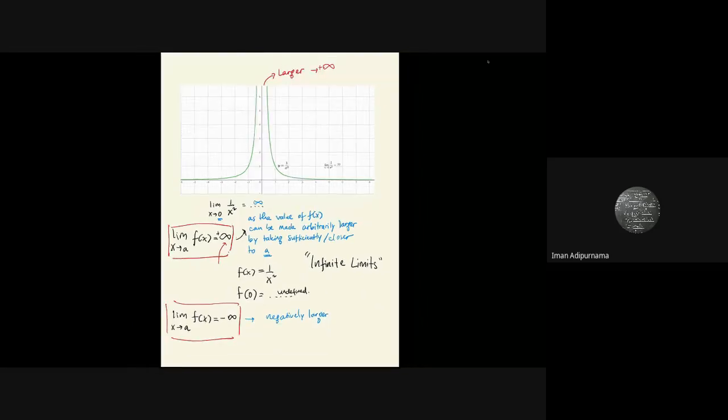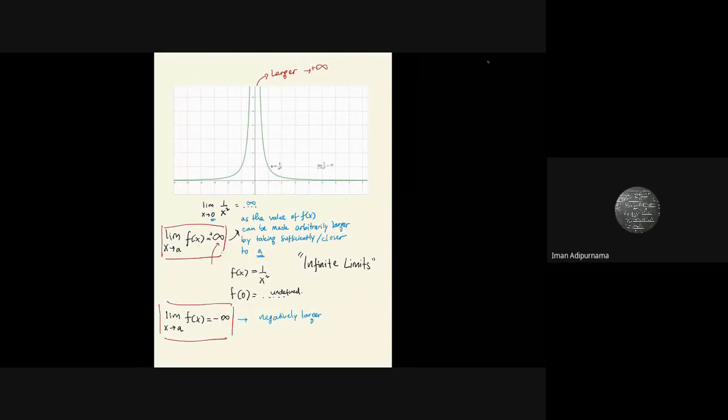For example, here you can go from the right or from the left to x equals 0. In the big picture, it's getting closer to infinity, really large, going from the left and going from the right.